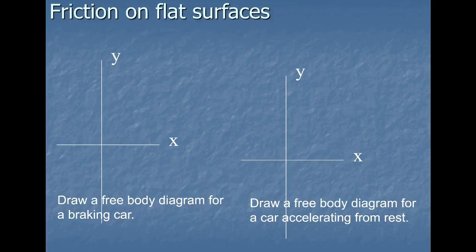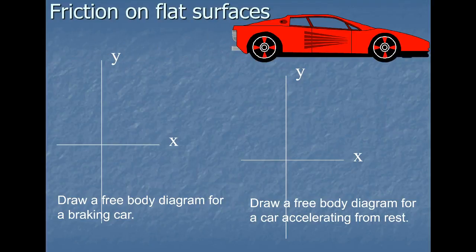Okay, so let's draw a free body diagram for a braking car. Okay, so if it's braking, it's going to be pretty simple. You have the car, you have gravity, you have the normal force, and the friction will be opposing its motion. So even though its velocity will be forward, the force of friction will be in the negative direction. Okay?